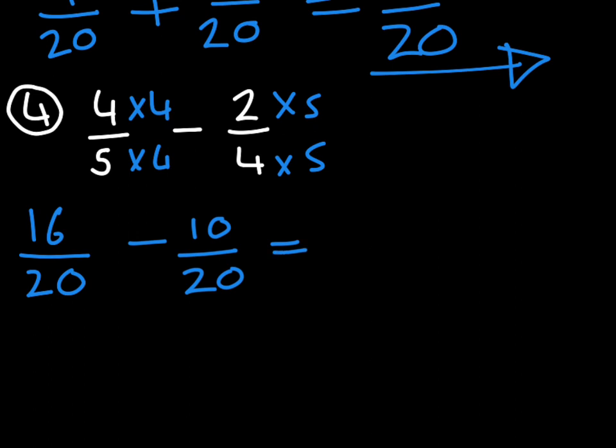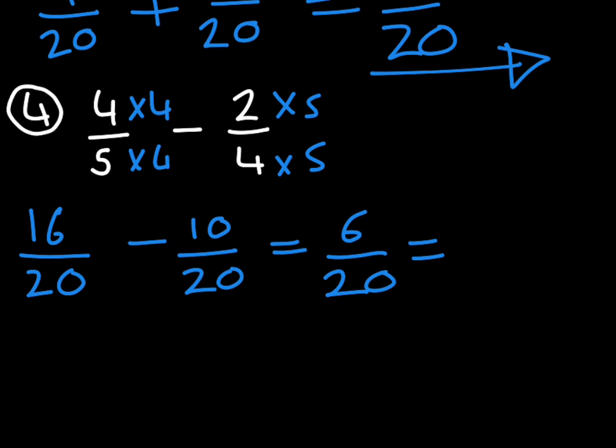Our denominators are the same, so we can now subtract the numerators. When we do that, our denominators stay the same, so that's 20, and we can now go 16 minus 10 gives us 6. Lastly, we need to have a look if there are any numbers which go into both 6 and 20.